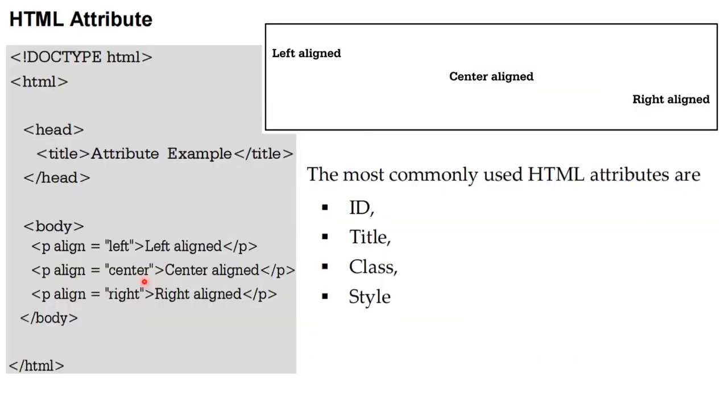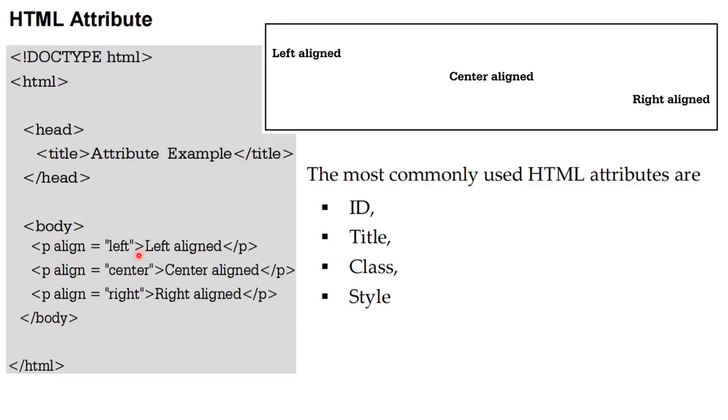Next is your attribute. The characteristics of an HTML element which are placed inside your opening tag are called attributes. So this is your attribute. This is some value you're giving to your paragraph, like designing your paragraph tag. Like it has to be on the left side, it should be on the right side. It's like formatting your tag.